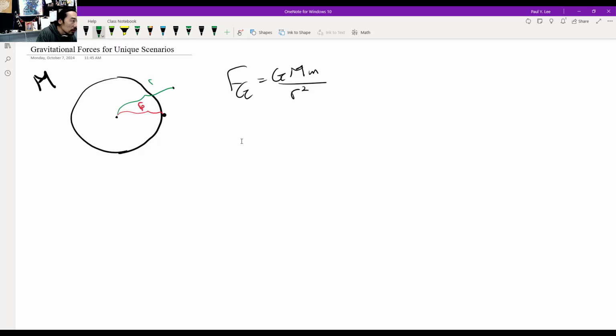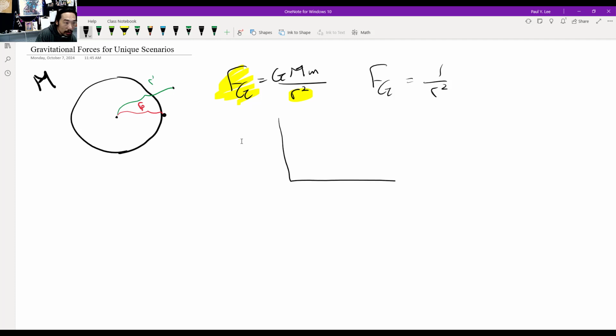So this is your, I don't know, your R prime. All right, so in this case, according to the gravitational force, because you're further away, we're looking at this relationship here between F of g and r, which is the inverse square relationship. The further away you are, the weaker the gravitational force. And the relationship is the inverse square.